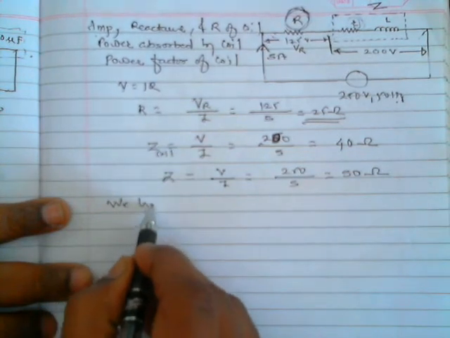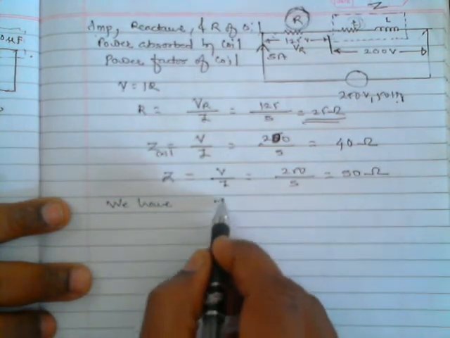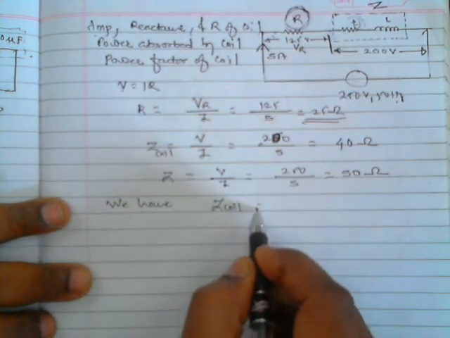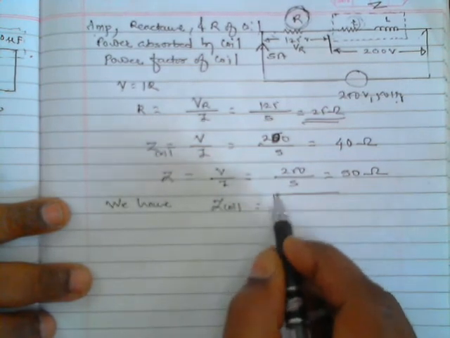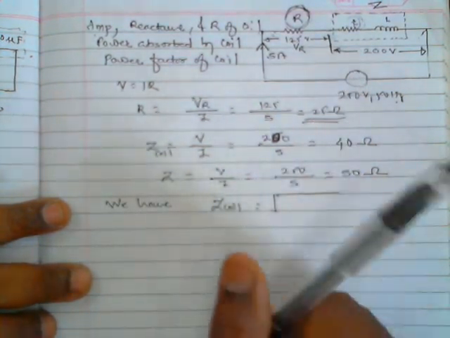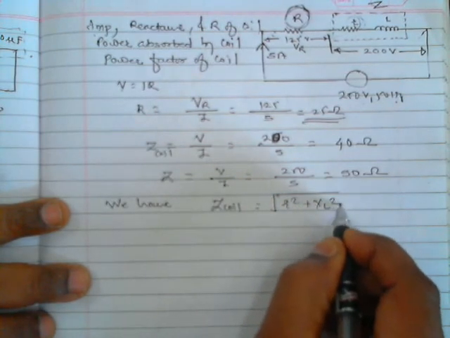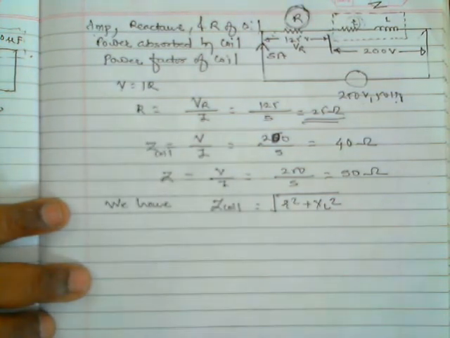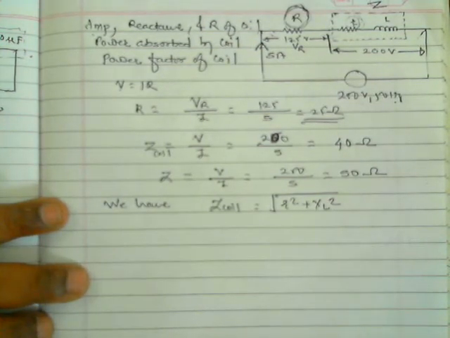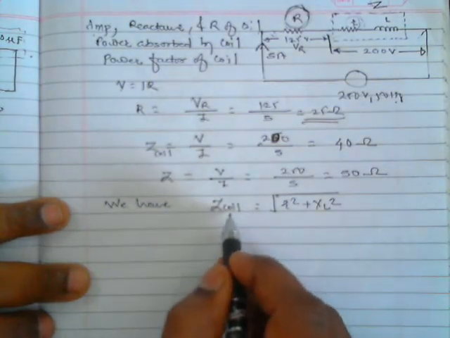Next, we have the impedance of the coil, which is given as root of R square plus XL square. This is the formula, right?